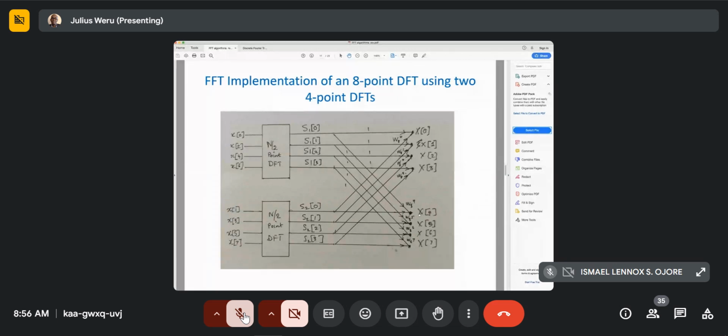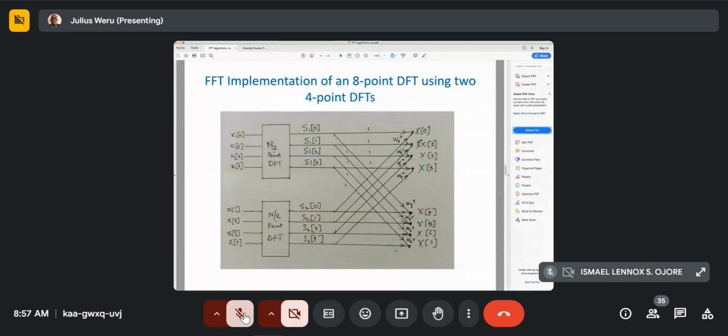And when you reach here, we are saying this is S2 of 1. Why is this X of 4? X of 4 we are saying is S1 of 0 plus S2 of 0, but now you're multiplying with a different W8 of 4.